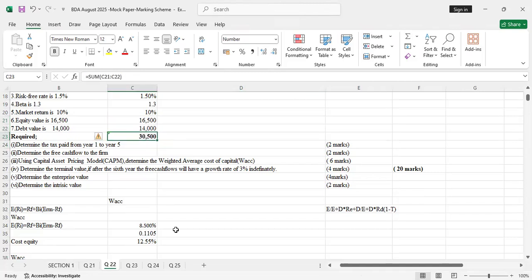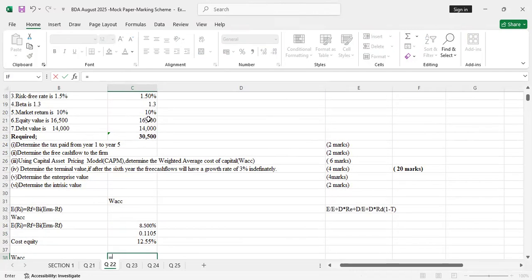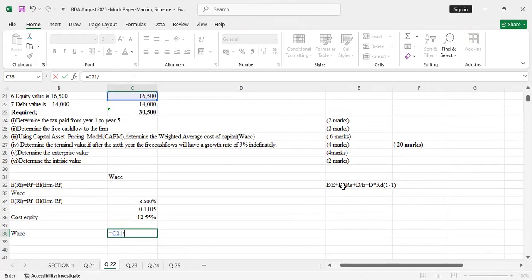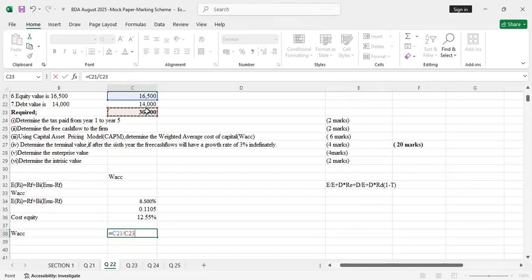Yeah, so it's 3,500. So we'll just come here and say equity, the value is this. We divide by the sum, E plus D, equity value plus debt value, which is 3,500.